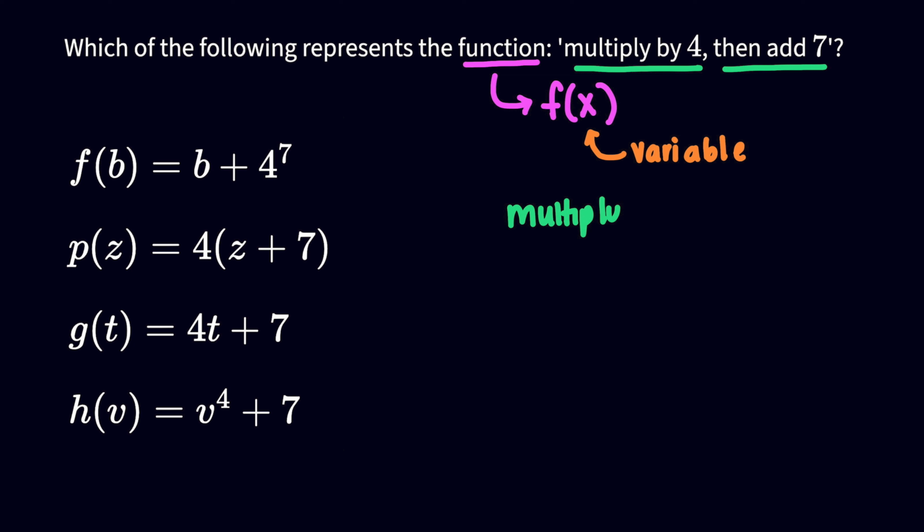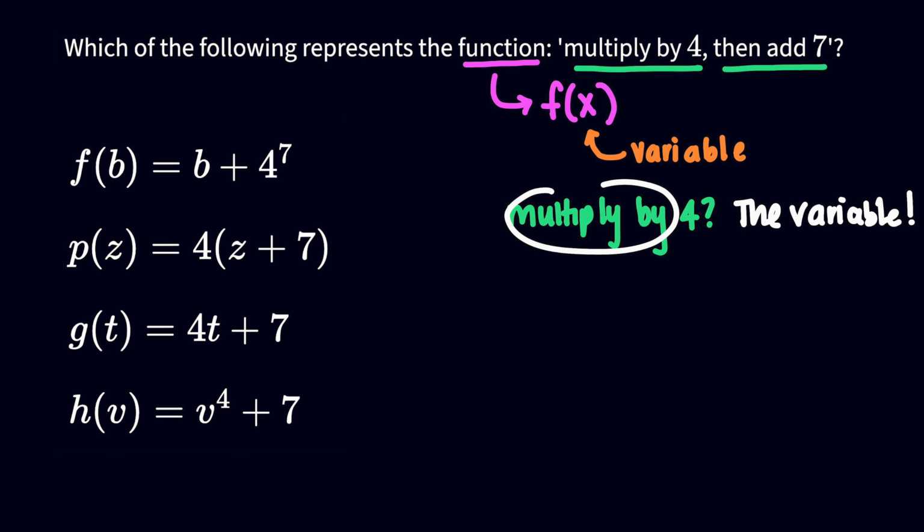So, multiply by 4, multiply what by 4? The variable. Now, if you want to just write it down for yourself, maybe we'll use the x value, because we always use x, right? So if you want to multiply the variable by 4, that's going to be our x value.